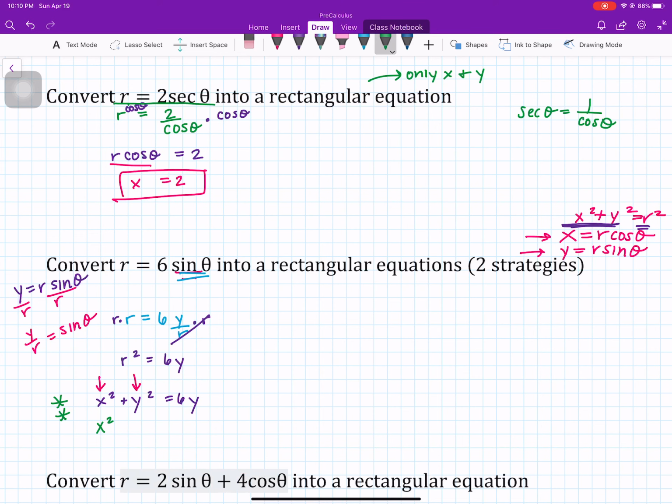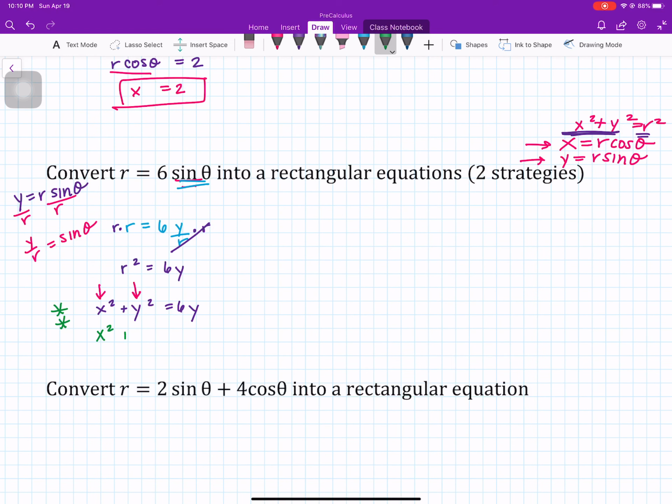So you have x squared plus y squared. You have to get everything on the same side. So then you're going to complete the square.